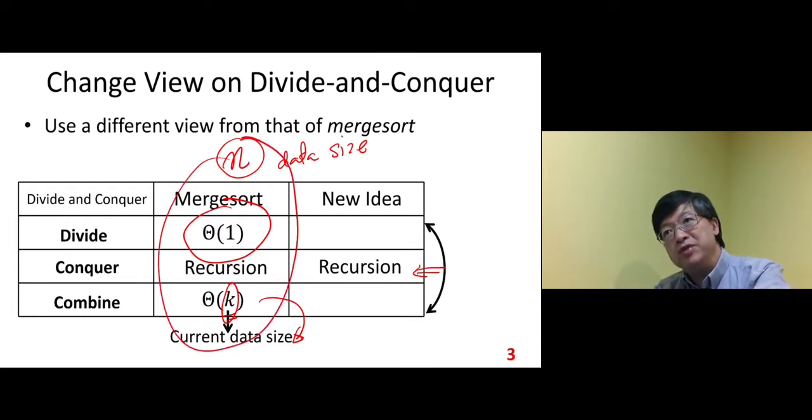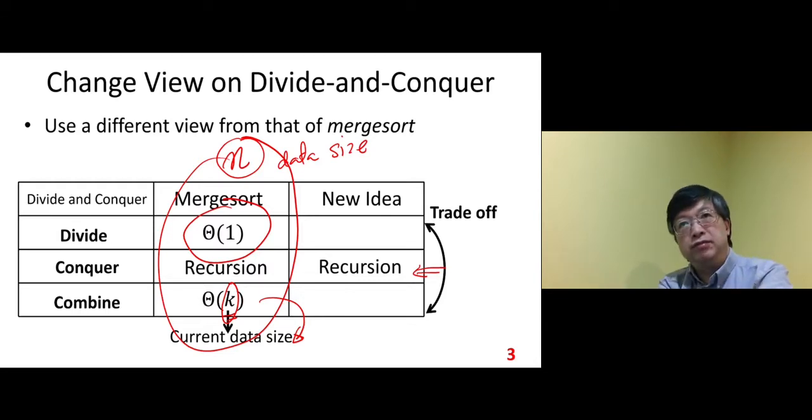Because for these two steps, there is a trade-off. If you make the divide step easier, you have to pay a high cost in the combine step. If you want to make the combine step easier, you have to pay a high cost at the divide step. That's the meaning of the trade-off here.